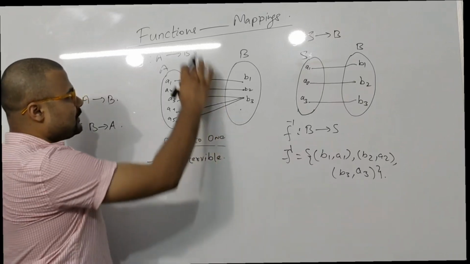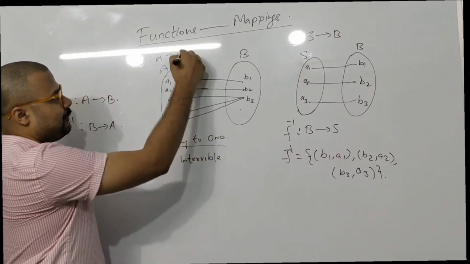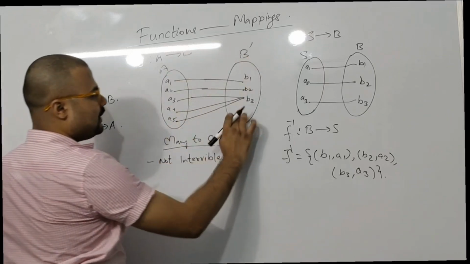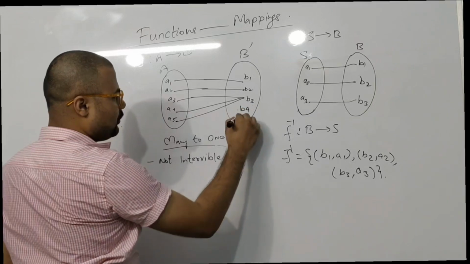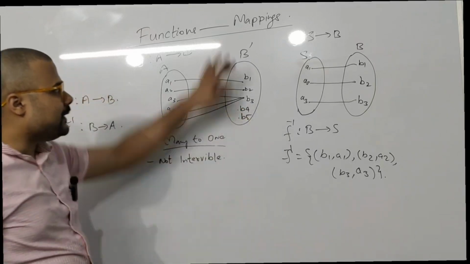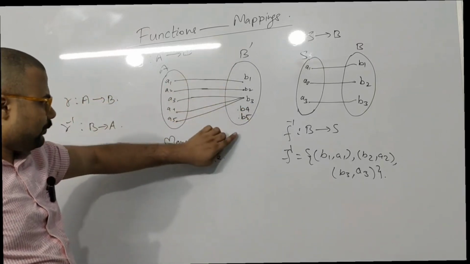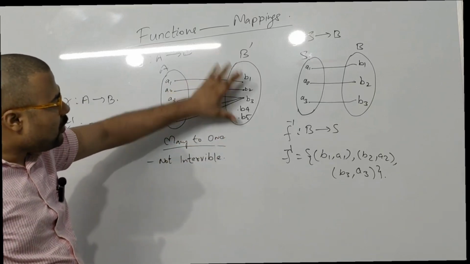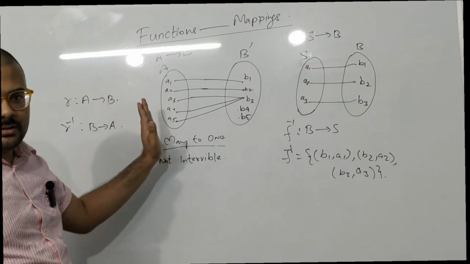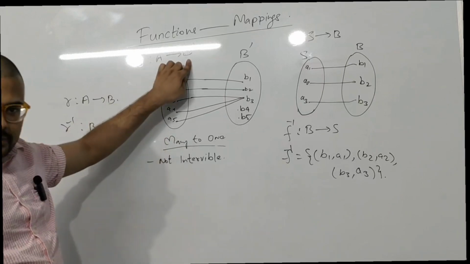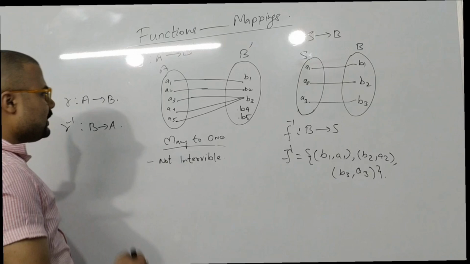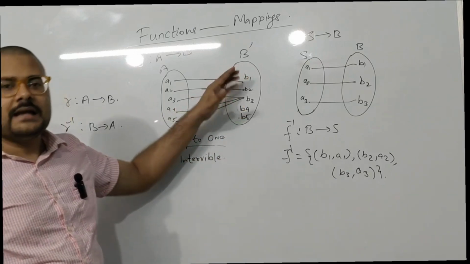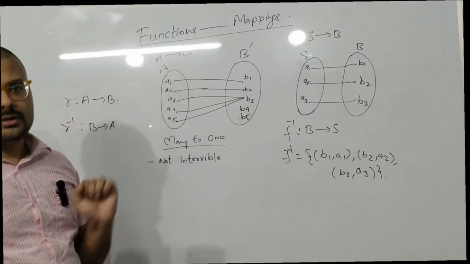It is possible. Let's say we are talking about B dash, another set, and it has other elements B4 and B5 also. Now, if you look at B dash, in this case not all the elements have a pre-image. So B dash is the codomain, and what is the range of a function? Range of a function is those elements of codomain that have a pre-image. That is called range.